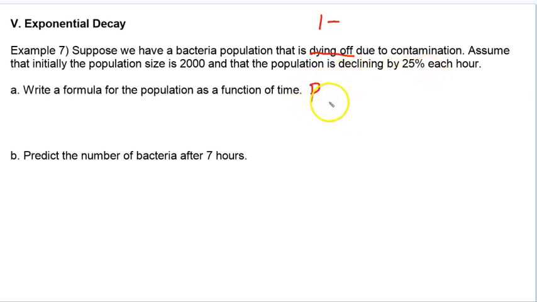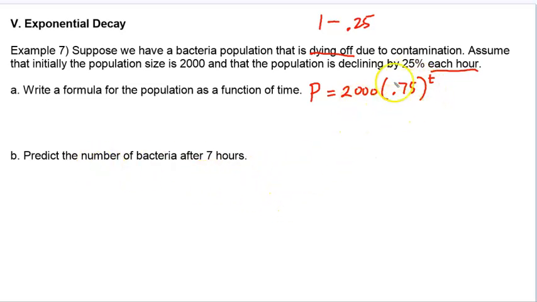So I'll just say P is population, initial value of 2,000. So this time we're going to do 1 minus 0.25, that's 25% as a decimal, and that's 75%. And this is an hourly rate of decay, so T in this case will represent a number of hours.